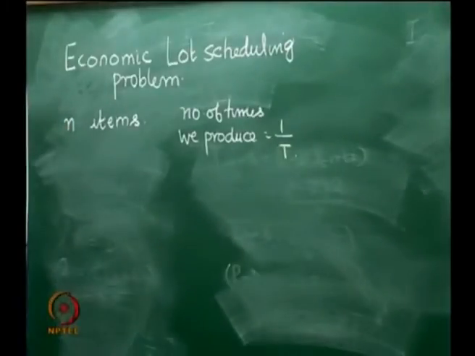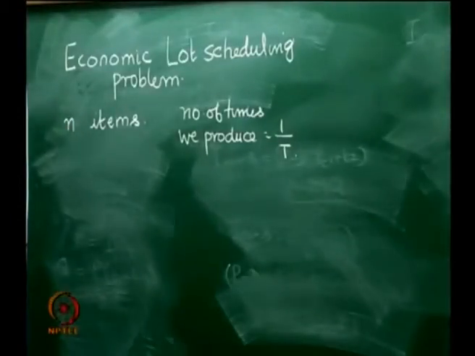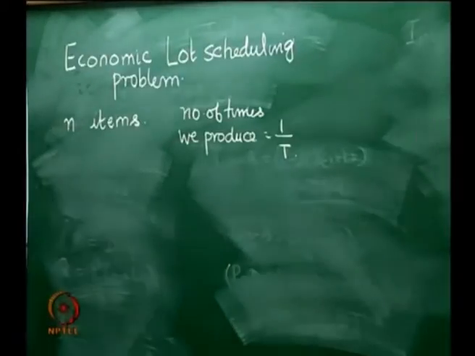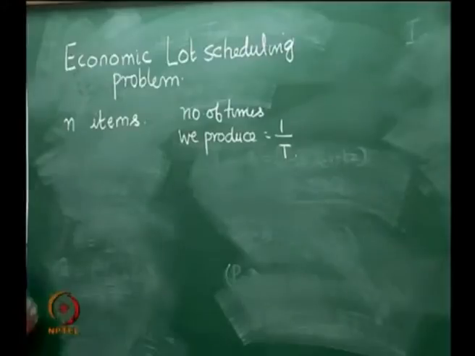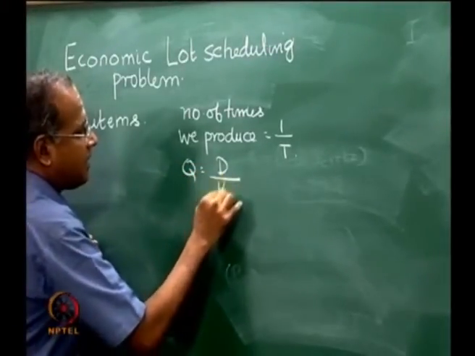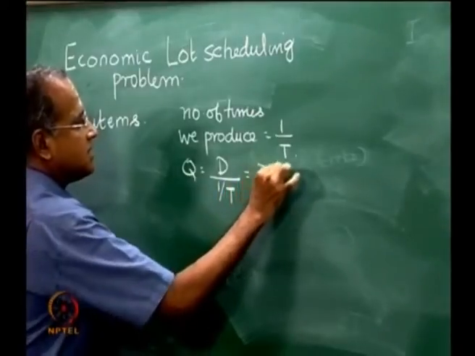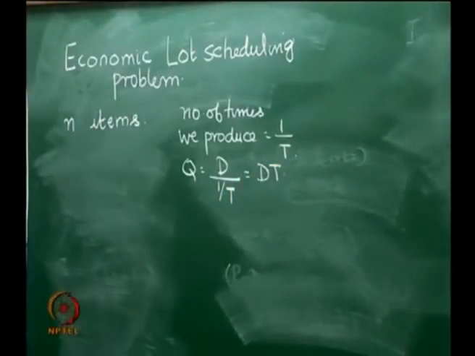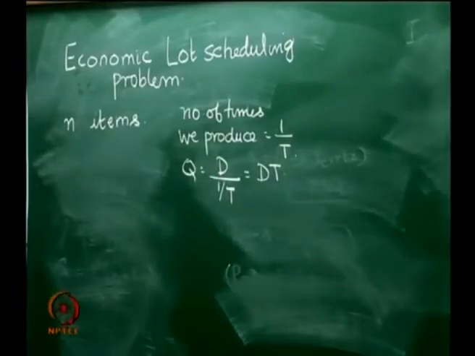The production quantity is the total demand divided by the number of times you produce. So, production quantity Q will be equal to D divided by 1 by T, which is DT. So, production quantity Q is equal to DT.